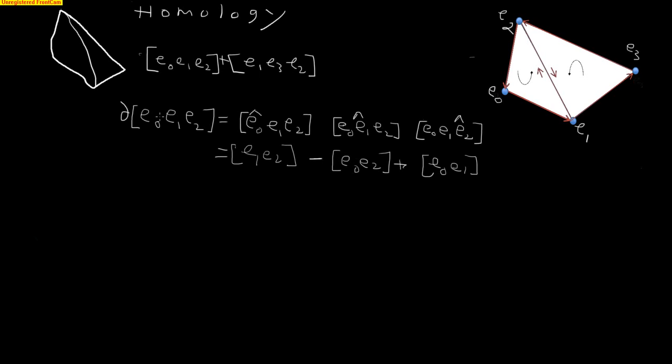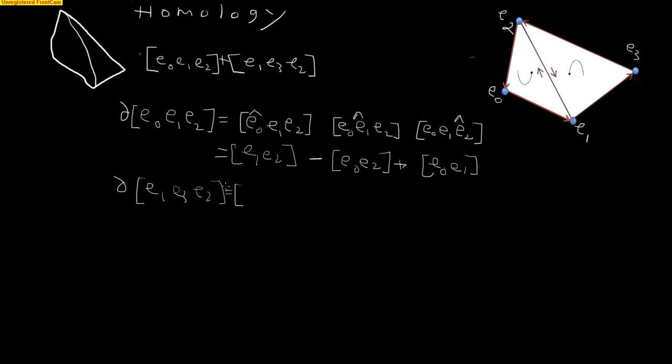Now the boundary operator is what you intuitively think the boundary operator should do. It takes the triangle E0, E1, E2, which is this triangle, and then it isolates its boundary. So that's the boundary of the little triangle on the left. What about the boundary of the triangle on the right? E1, E3, E2.